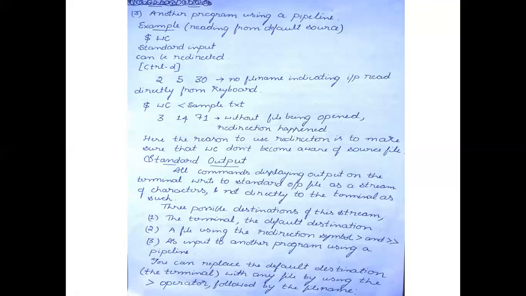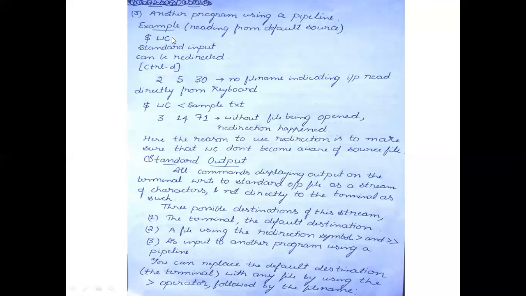How is standard input actually working? As soon as you execute this particular command, it needs to get some input in order to perform word count. So it will look into the standard input file. Now the standard input file is connected to the default source. From the default source, the input is given to the standard input file.